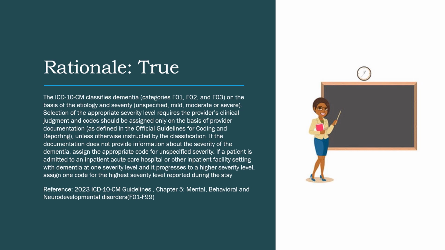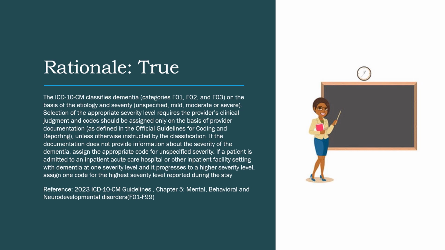Selection of the appropriate severity level requires the provider's clinical judgment, and codes should be assigned only on the basis of the provider documentation as defined in the official guidelines for coding and reporting. Unless otherwise instructed by the classification, if the documentation does not provide information about the severity of the dementia, assign the appropriate code for unspecified severity.